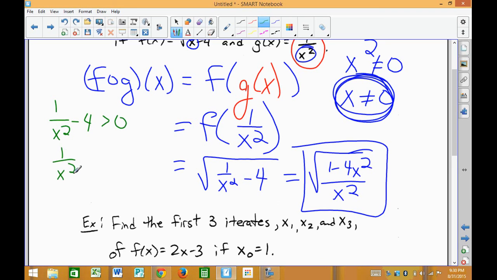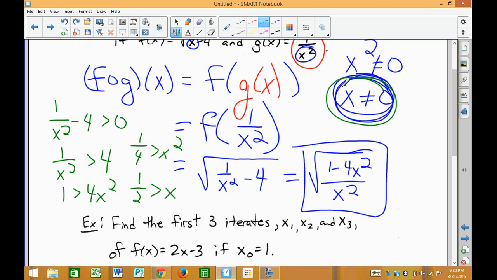Solving for x, we get 1 over x squared is greater than 4, or 1 is greater than 4x squared, or 1/4 is greater than x squared. Square rooting that, what times itself will give you a quarter? That's a half. So when we're all said and done, besides the x can't be 0, we also have to say x is less than 1/2.